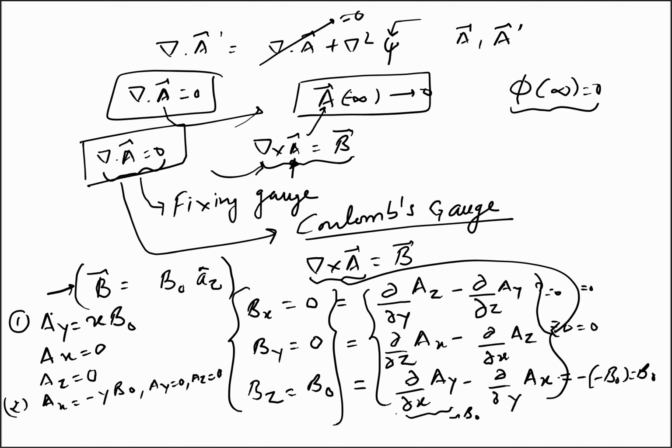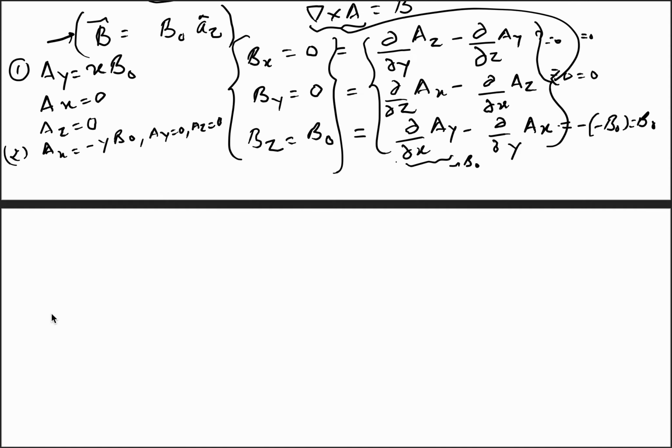Now we can have a further option, a third option for the vector potential, which is a combination of both. That is, the vector potential is such that Ay is equal to 1 by 2 x B naught, Ax is equal to minus 1 by 2 y B naught, and Az is equal to 0.